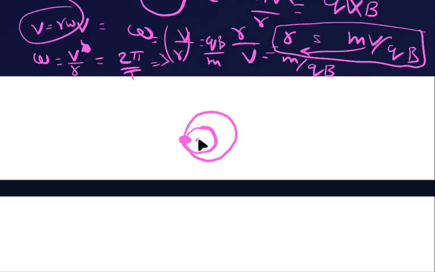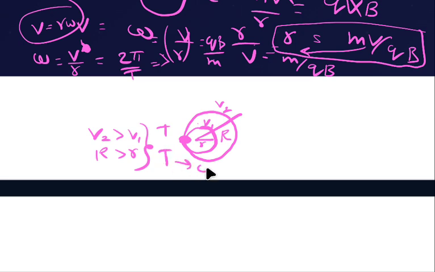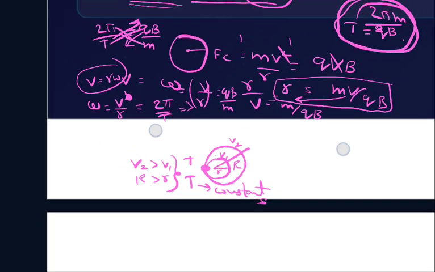But one will move with the lesser radius, the other with the greater radius, and both will reach the same point because only the velocities are different here. Time period is independent of velocity. Even though v2 is greater than v1, r2 is greater than r1, in both cases T is constant. This is the beauty of time period being independent of velocity.